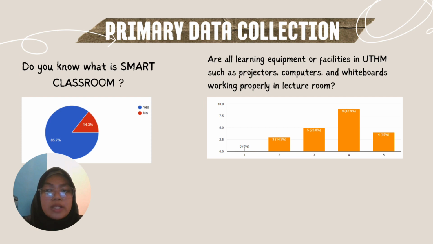Meanwhile, 23.8% are neutral, which means they do not know whether they are satisfied or unsatisfied with all the learning equipment and facilities provided by UTHM. 14.3% of respondents answered unsatisfied with the service provided by UTHM to the students.